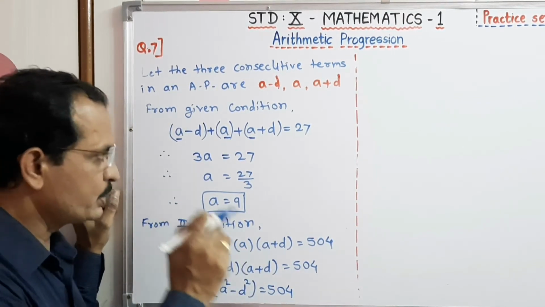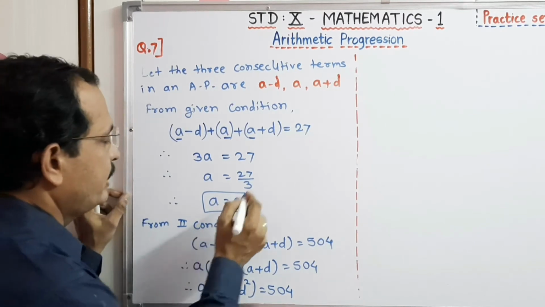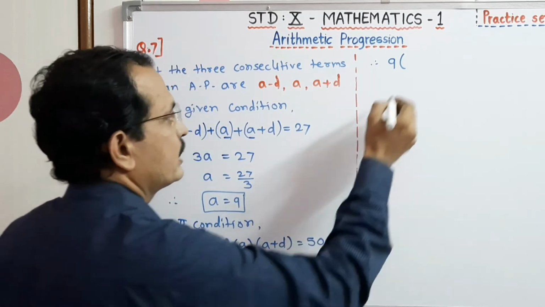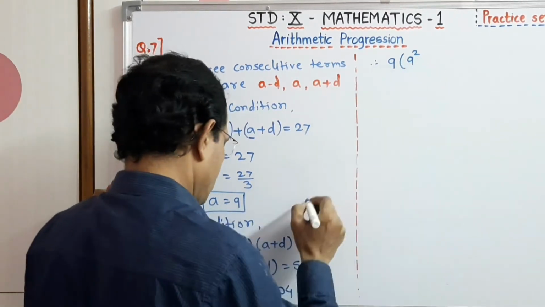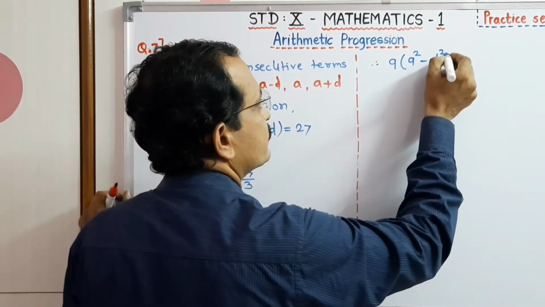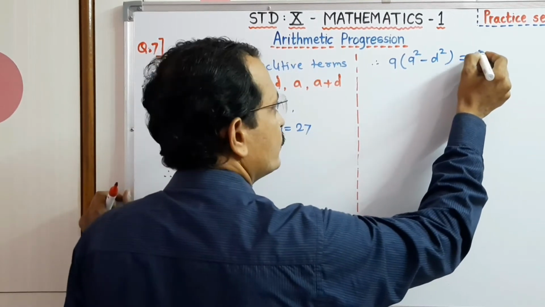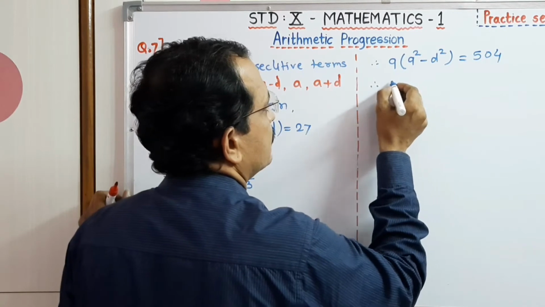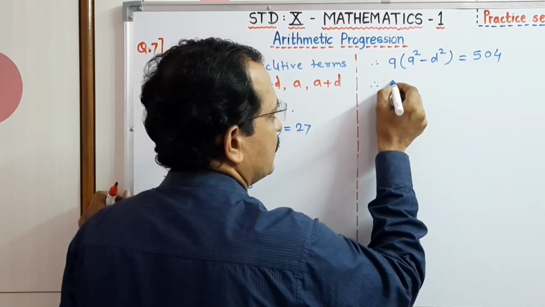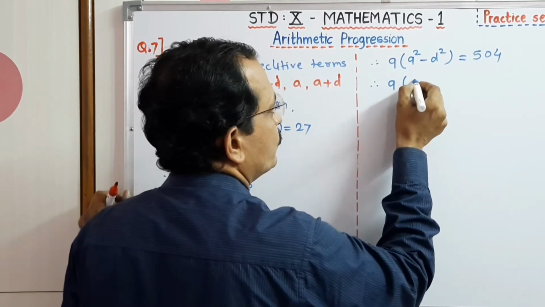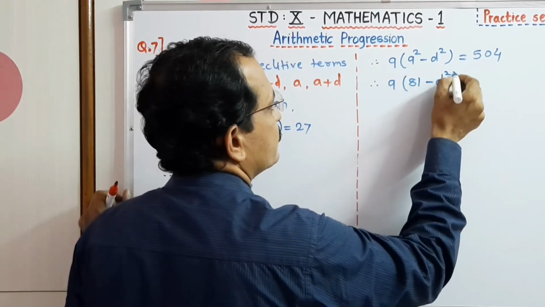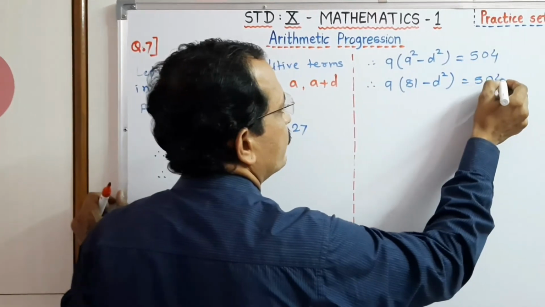Now, substitute the value. This A is 9. Into bracket, we can write 9 square minus D square is equal to 504. Therefore, dear students, 9 into square of 9 is 81 minus D square is equal to 504.